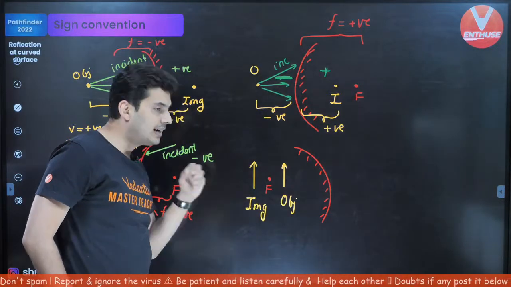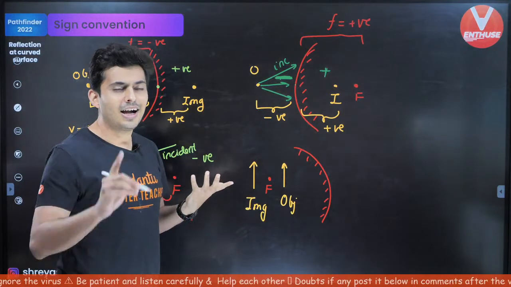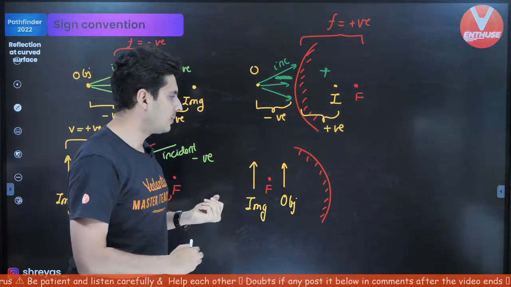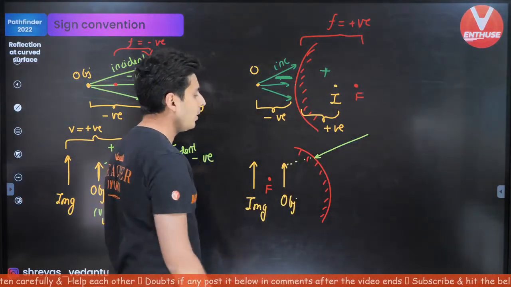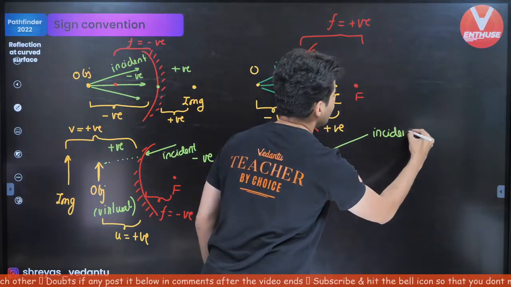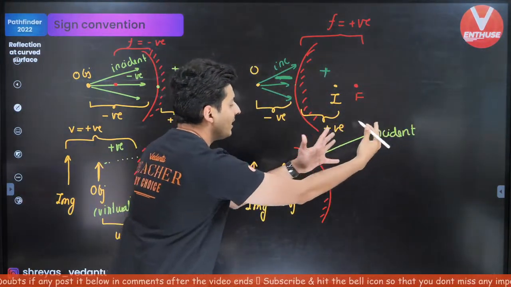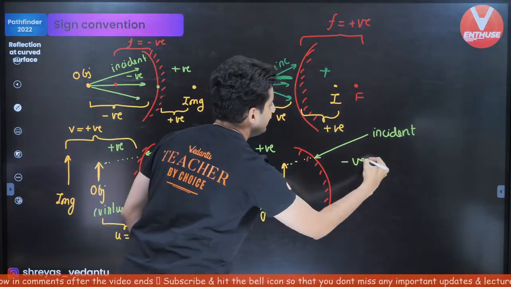The object is behind the mirror. If the object is behind the mirror, how will it reflect? Unless and until it is a virtual object. That means the rays are coming like that in order to form the object over here. This is your incident ray. And if the rays are going like that, this side will be positive, this side will be negative.